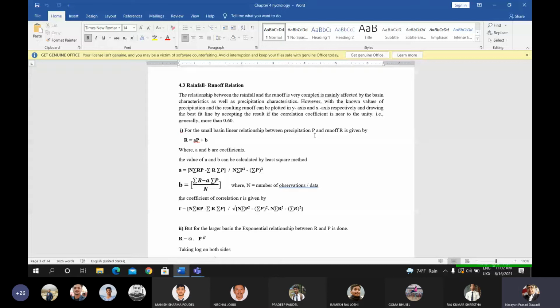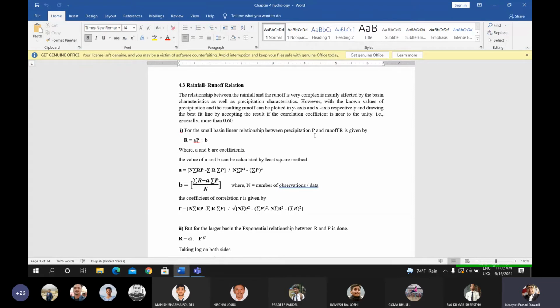Similarly, if you know the parameters A and B, then the relationship between R and P can be established by a linear relationship for a small drainage basin having an area of less than 500 square kilometers. Here A and B are coefficients. The relationship between the rainfall and the runoff is very complex and is mainly affected by the basin characteristics as well as the precipitation characteristics.